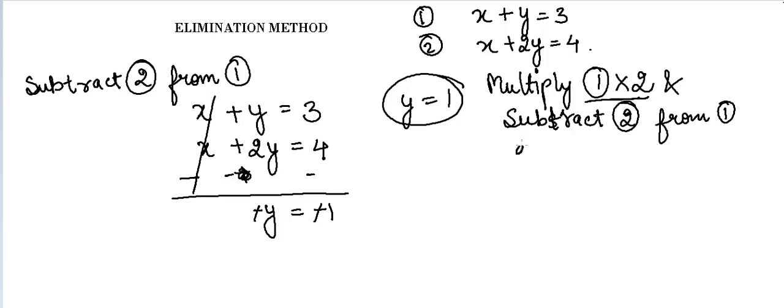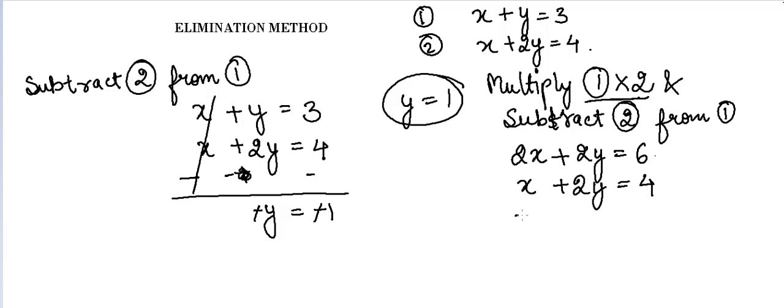You'll get 2x plus 2y is equal to 6. This is your new equation. Now you will subtract from it x plus 2y is equal to 4.